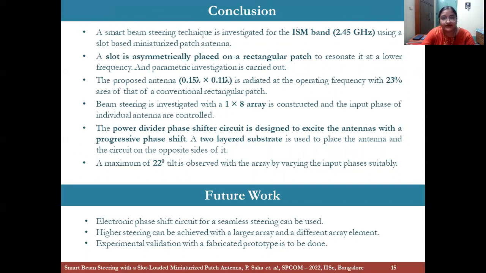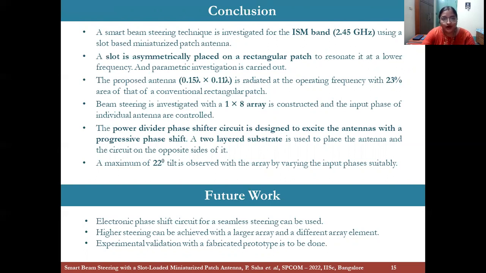To facilitate the beam steering technique, a 1x8 array of the proposed patch is designed, and a 1x8 corporate power divider and phase shifter circuit is also designed. A maximum of 22 degree tilt is observed with the array by varying the input phases suitably.